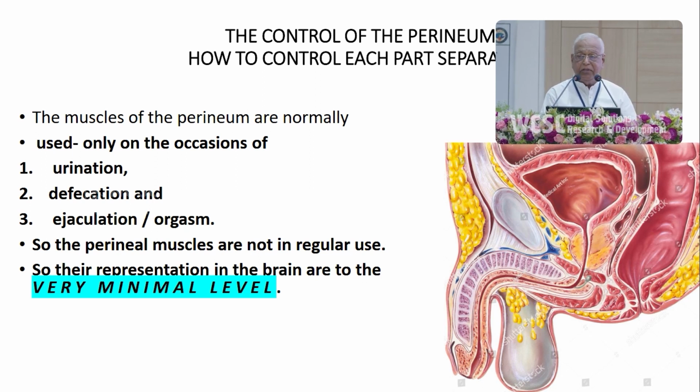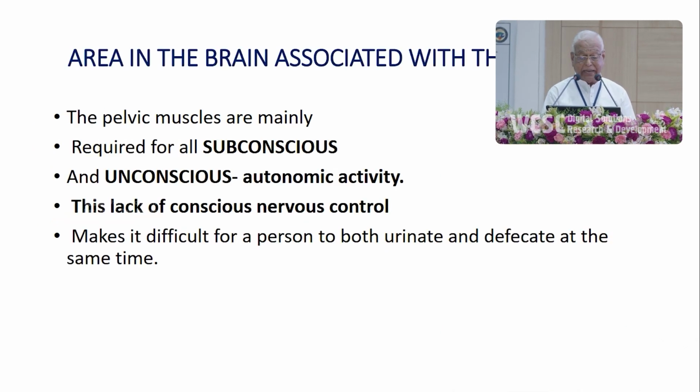That is why the perineum is not properly represented in the brain. Usually, all parts of our body are represented in the brain, but this perineal area is not properly represented in the brain. So all our activities belong to subconscious and unconscious activity.